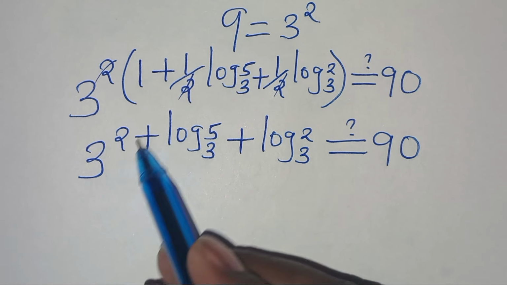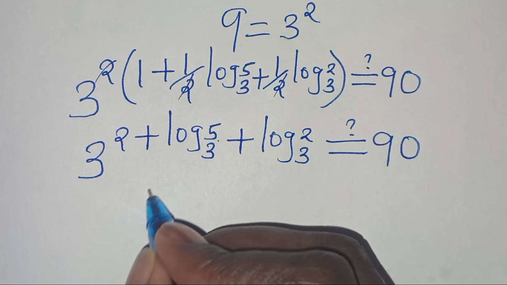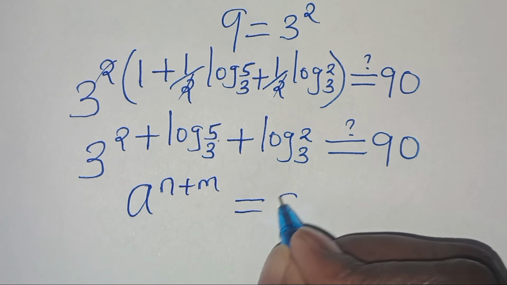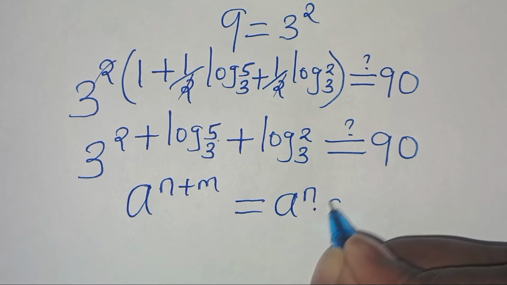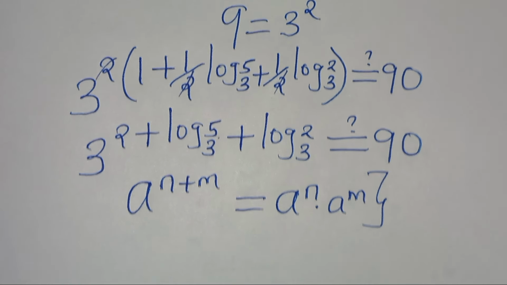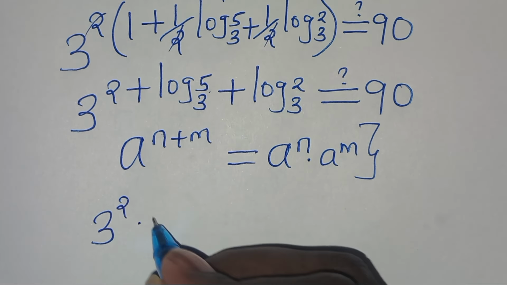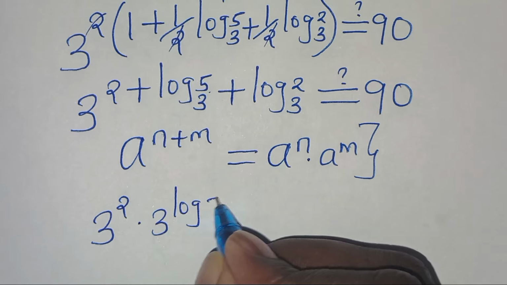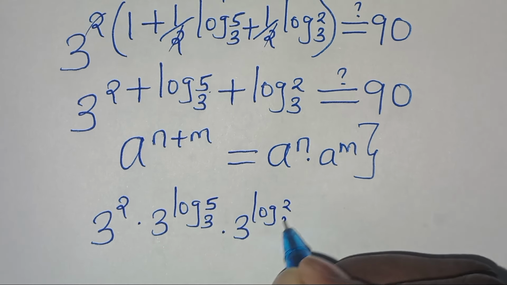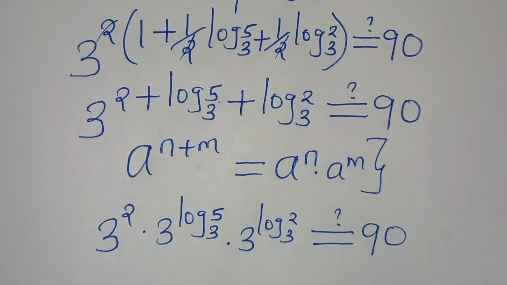Now, 3 to the power of 2 plus log 5 to base 3 plus log 2 to base 3. This is in the form of a to the power of n plus m, which we can express as a to the power of n times a to the power of m. So let's apply this exponent property so that we have 3 to the power of 2 times 3 to the power of log 5 to base 3 times 3 to the power of log 2 to base 3, and this is supposed to give us a value of 90.